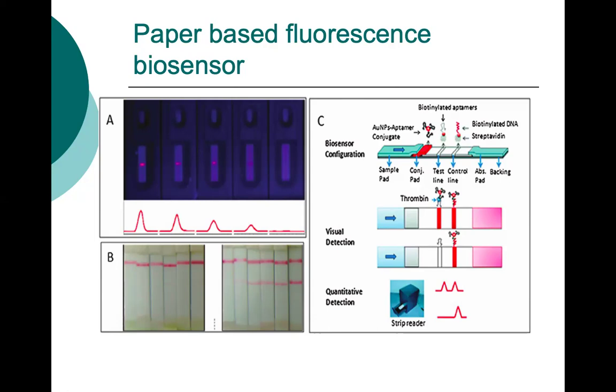So by changing the material from gold nanoparticle to quantum dots, we can get a better rapid test kit. This is a good thing about the nanomaterial. We can do some advancements so we can improve the sensitivity of the rapid test kit.